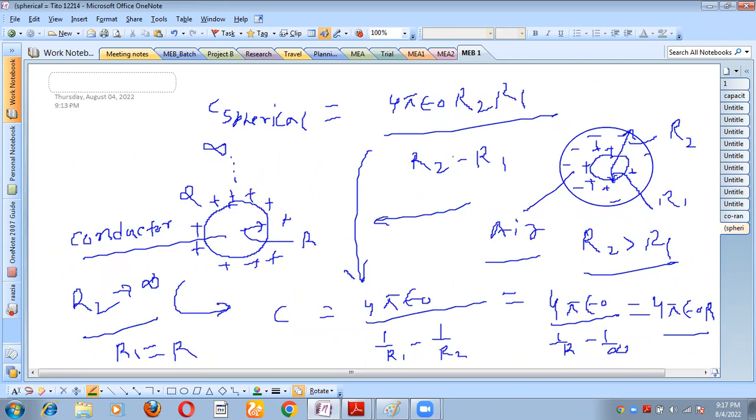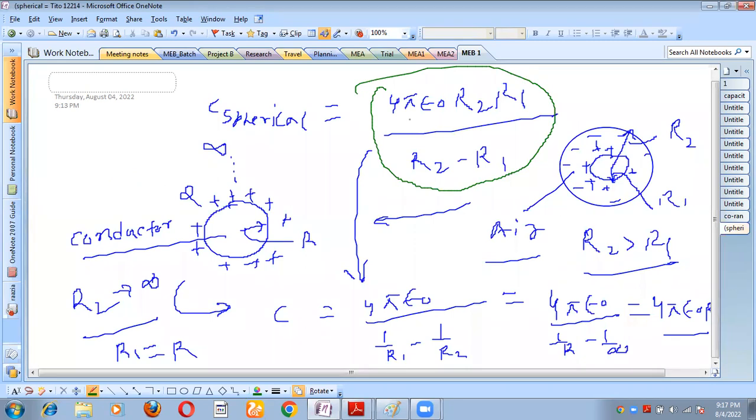That is why capacitance is independent of charge or potential. It only depends upon geometry. Understood? Yes, sir. Okay. So this is the basic idea of capacitance.